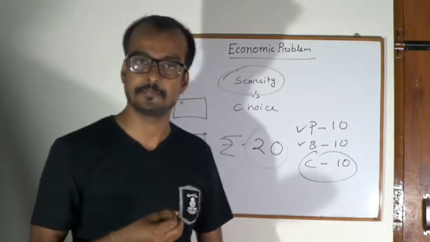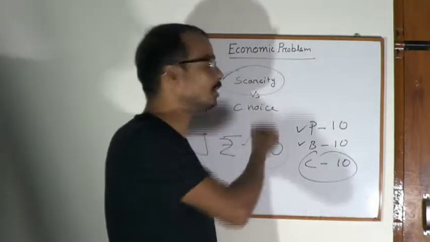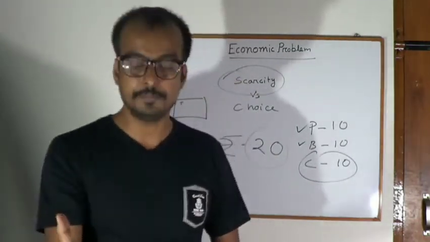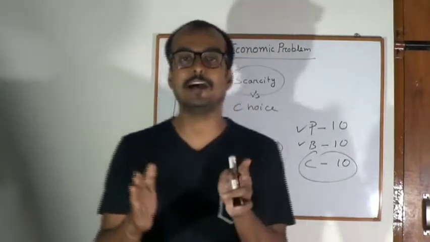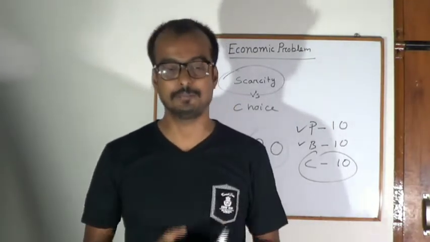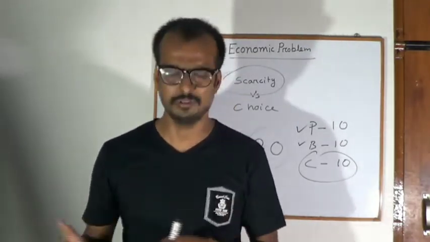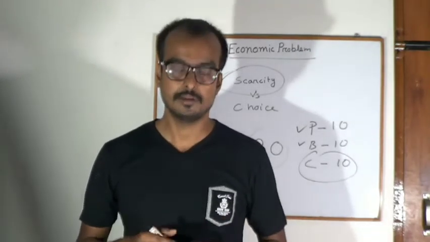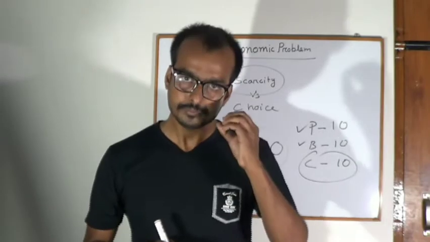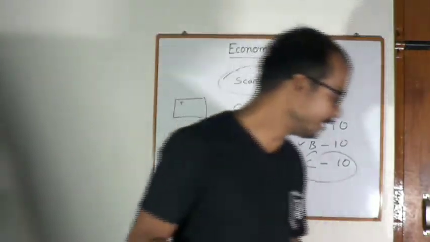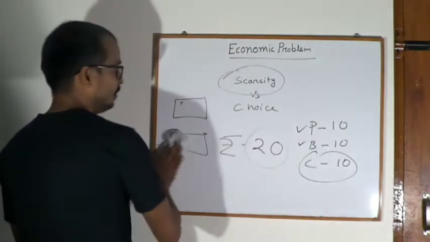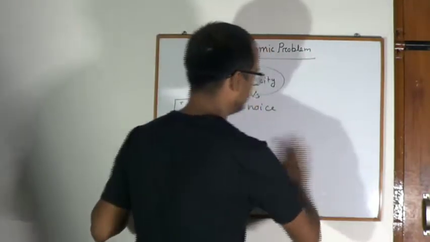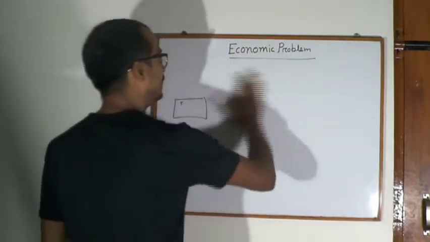Out of this economic problem all other issues are generated, and accordingly you have your units in your chapter, that is the production unit, the distribution unit, and all these things. So these are called basic economic problems, which we will be discussing now. I hope this is clear. If not, you just watch the video again.